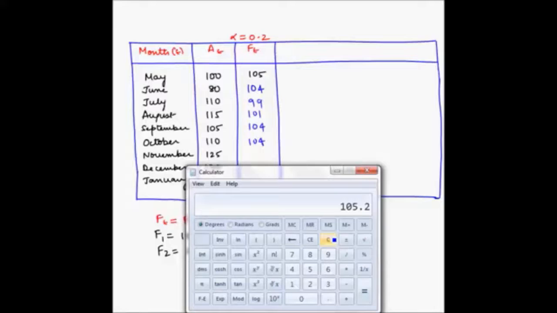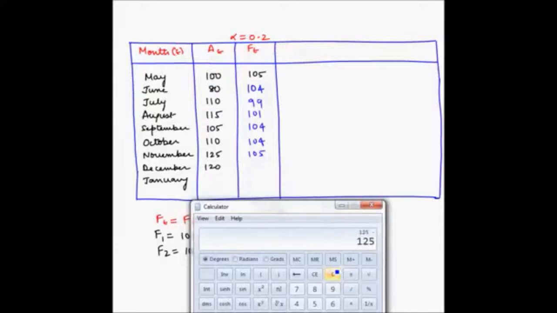So 105.2. Let's round it off to 105. Next, 125 minus 105 multiplied by 0.2 plus 105. So 109. And for January, 120 minus 109 multiplied by 0.2 plus 109. So 111.2, which can be rounded off to 111.